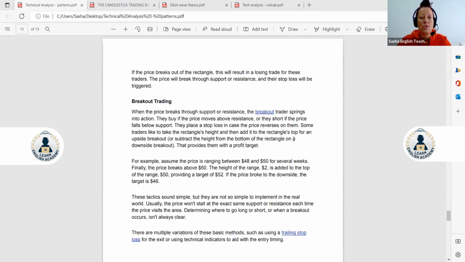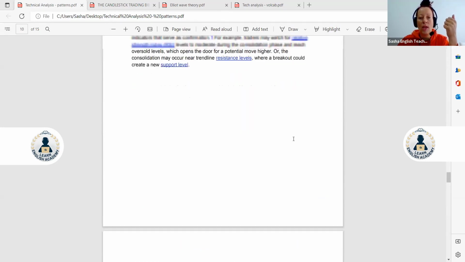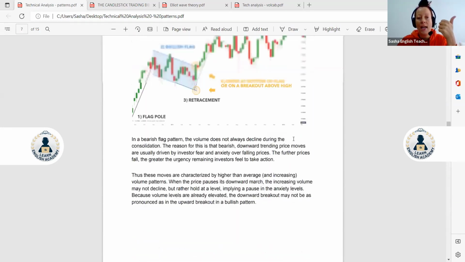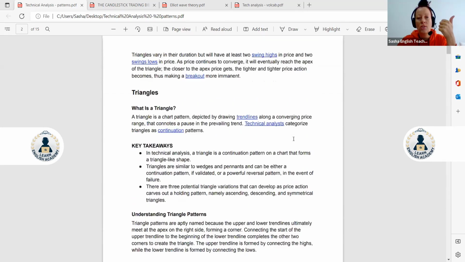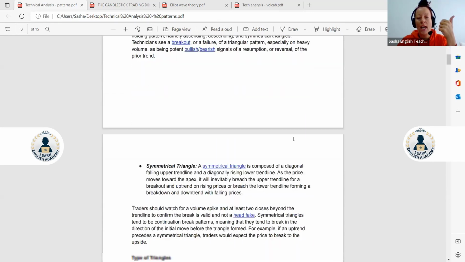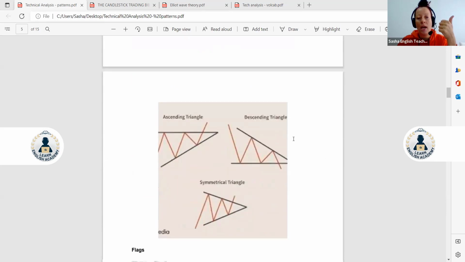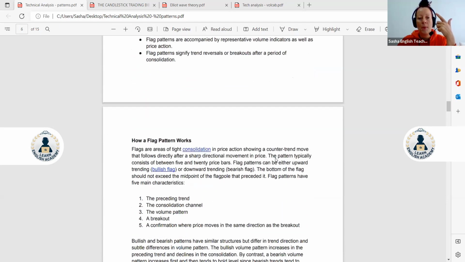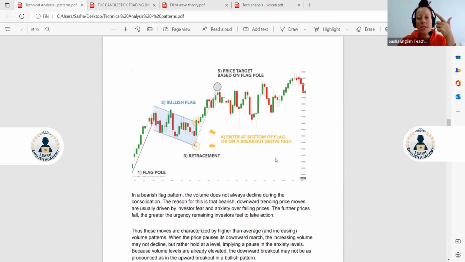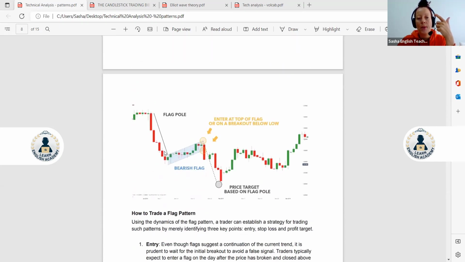Okay, so let me just go here to recap. We've got our triangles, and we learned about our ascending, descending, and symmetrical triangles. We learned about the flags and how they work. Then we've got the bullish flag, which is like this, and our bearish flag over here.